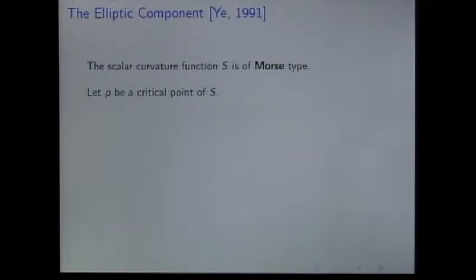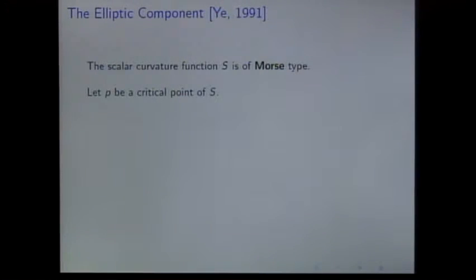So, where does this come from? This starts with work of Ye, a nice paper of Ye in 1991. Let's assume that the scalar curvature function of my ambient manifold M is of Morse type. This can always be achieved by a very small conformal perturbation of the metric. No problem there. There's lots of those.